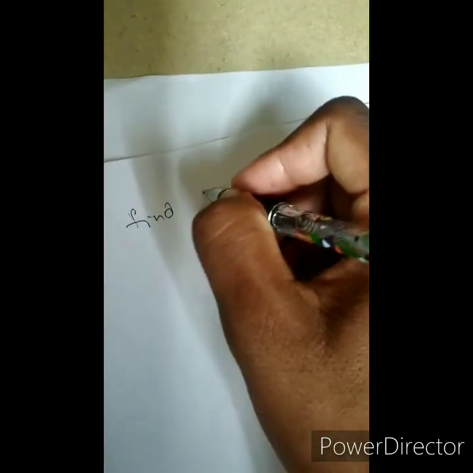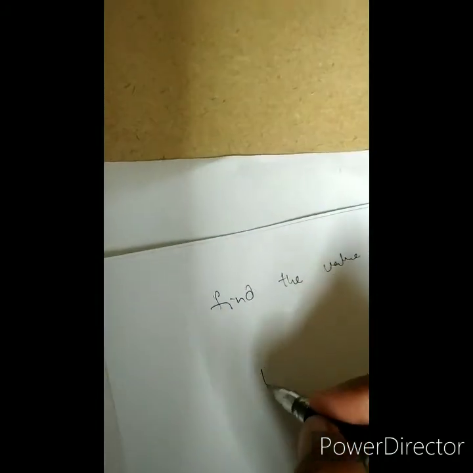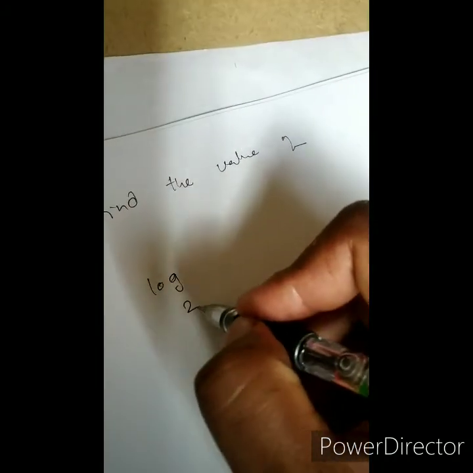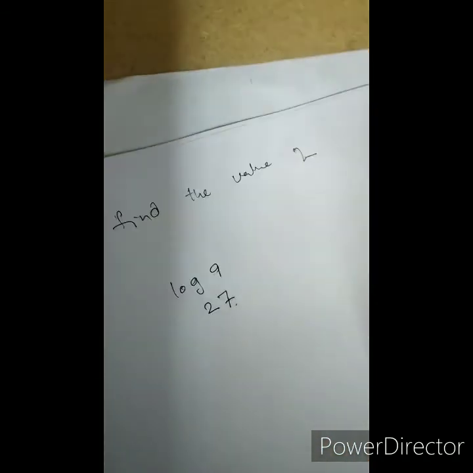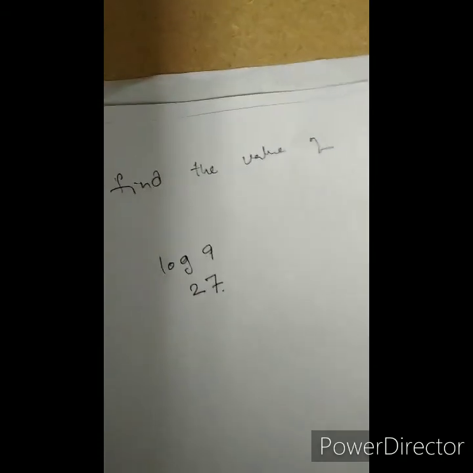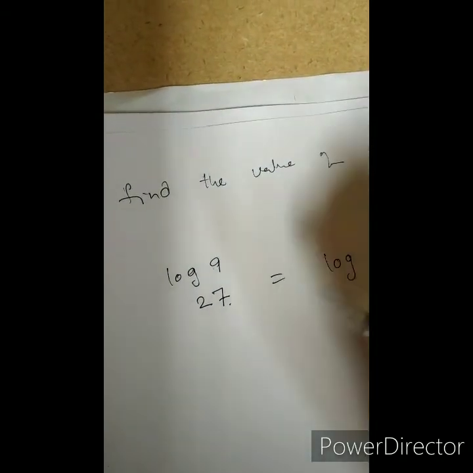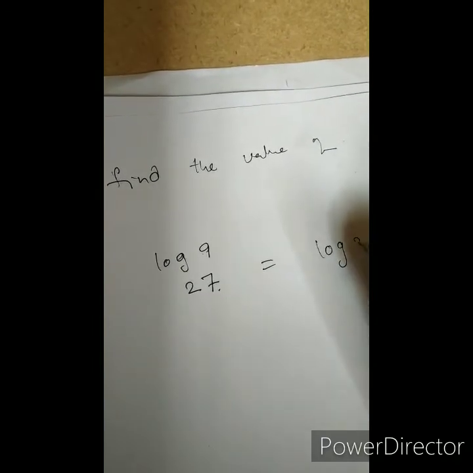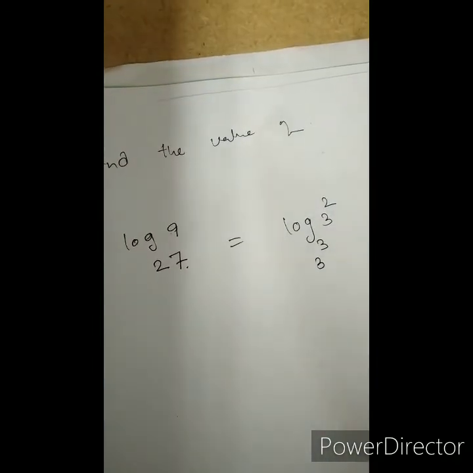Find the value of logarithm of 9 to the base 27. So this can be written in powers of 3. 9 can be written as 3 square, 27 can be written as 3 power 3.